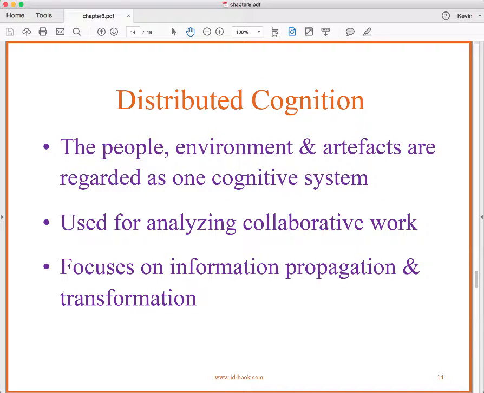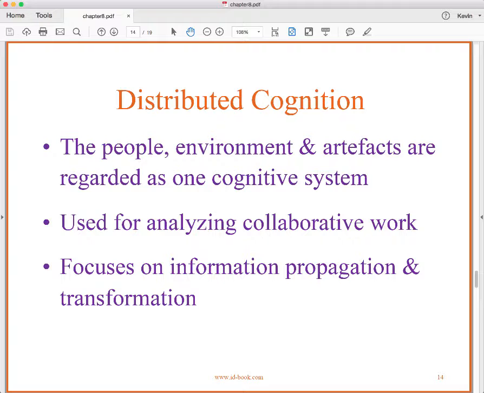So in distributed cognition, we're trying to look at a system, a behavioral circumstance, I guess, and we're trying to categorize things by saying, okay, the information is collected by a person.